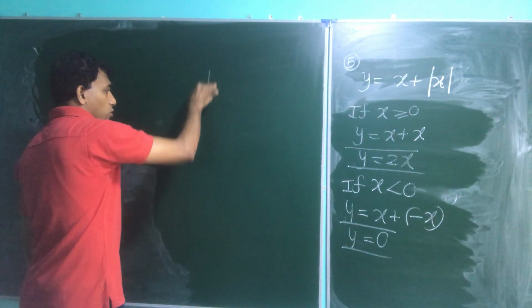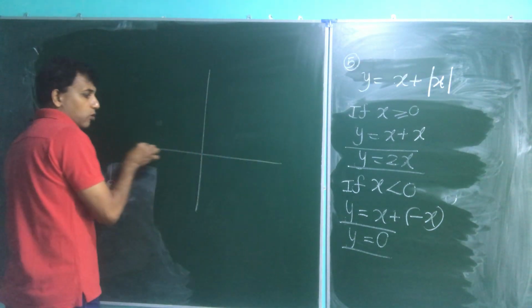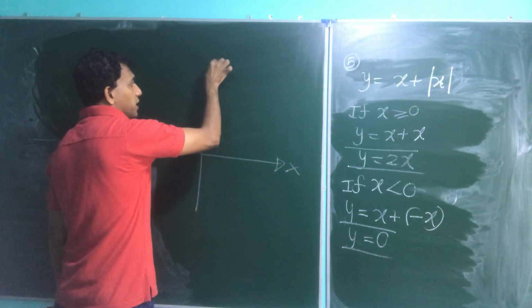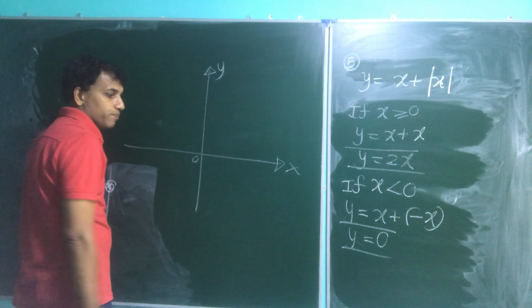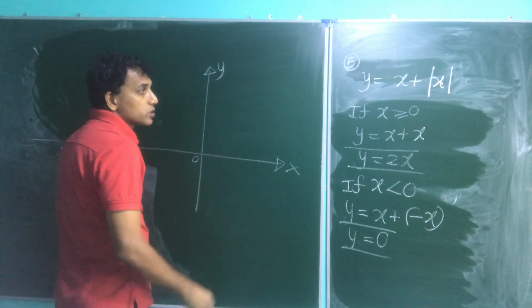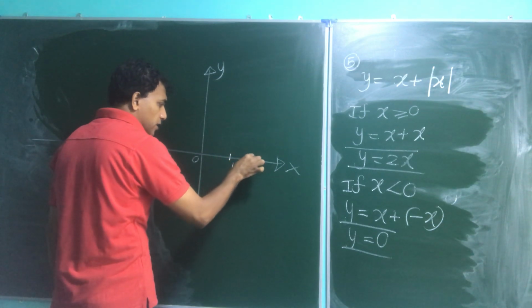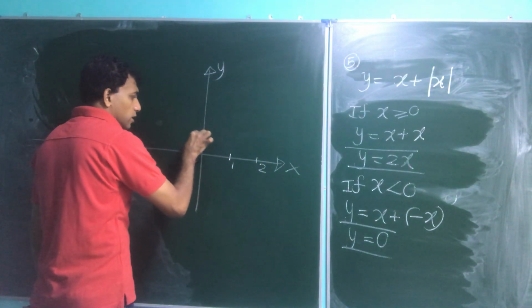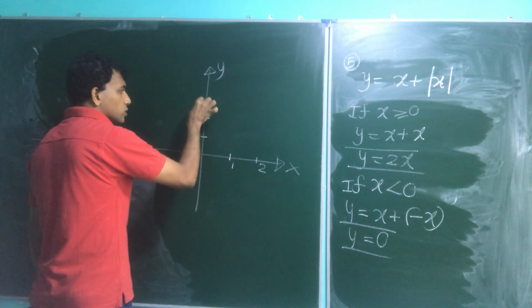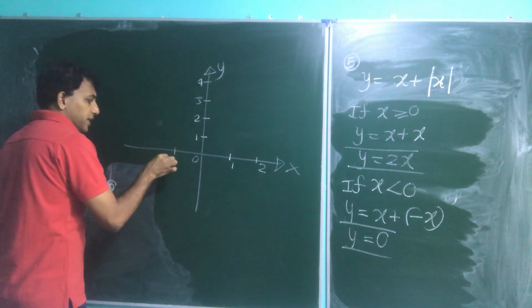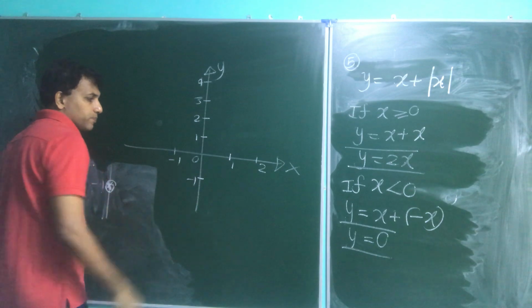So how is that now? Prepare a proper coordinate plane. X-axis and here y is 0. Okay, so x is more than 0 on your right. Here 1, 2, here 1, 2, 3, 4, and a couple here, minus 1, below minus 1.